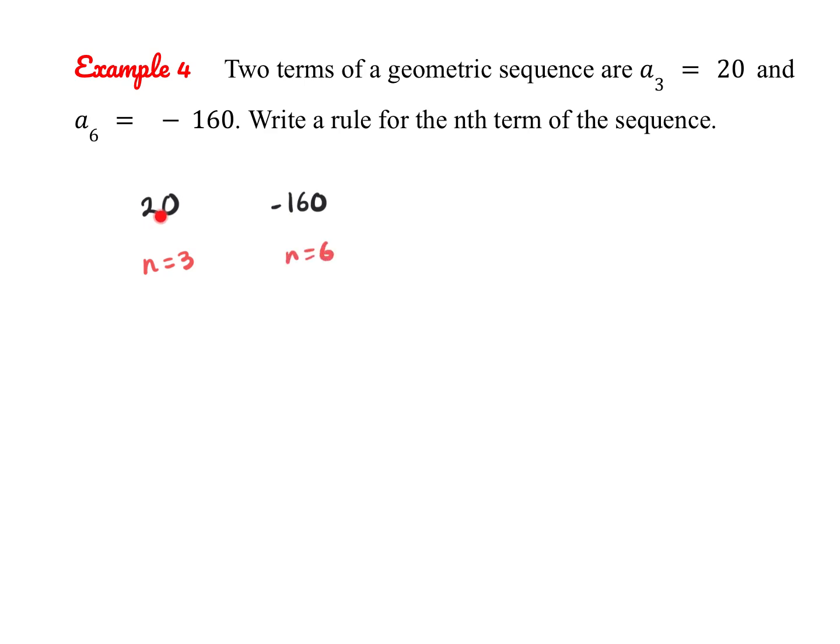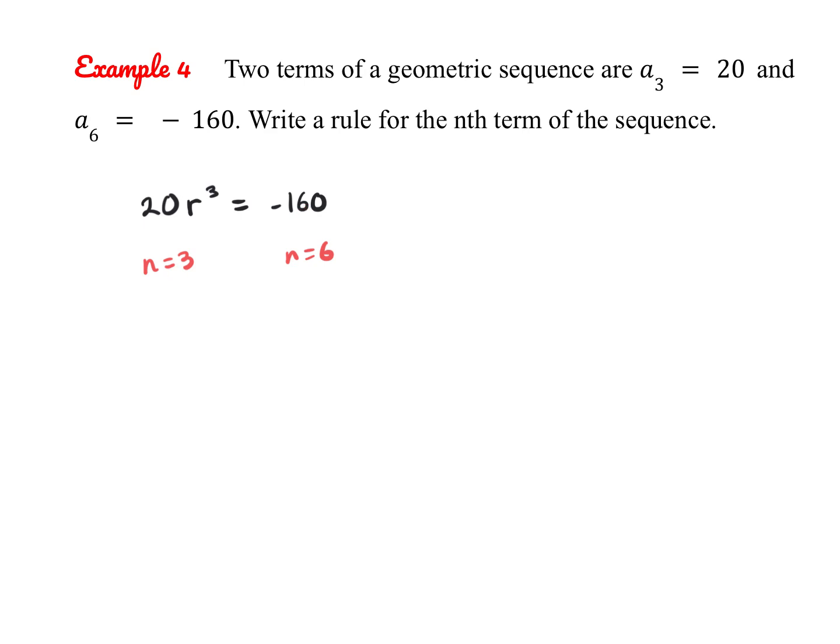I know that I'm simply going to multiply by r 3 times to get to this term, because if I want to start at the third term and get to the sixth term, I have to multiply by r and then r and then r. So I can say 20 times r cubed equals negative 160.